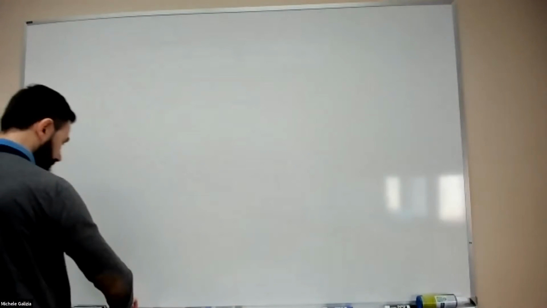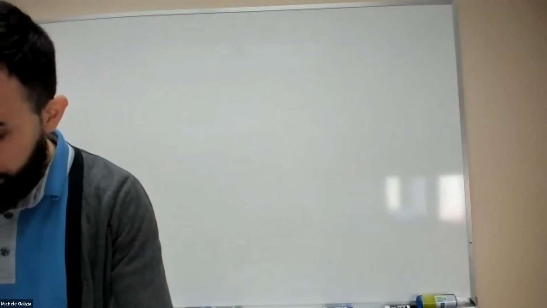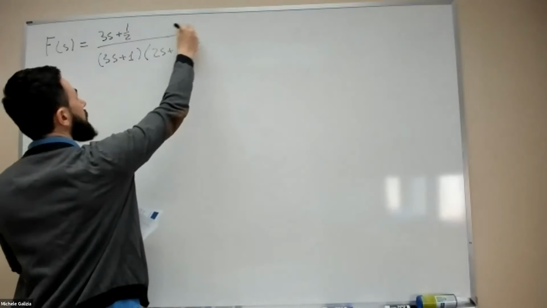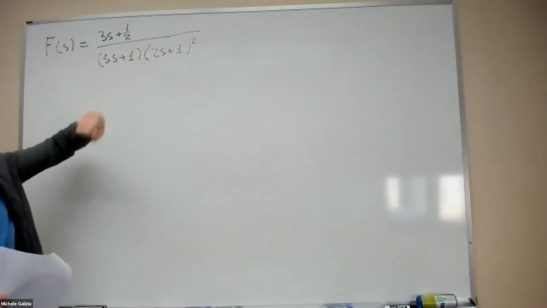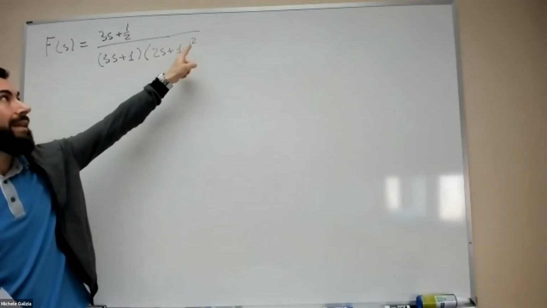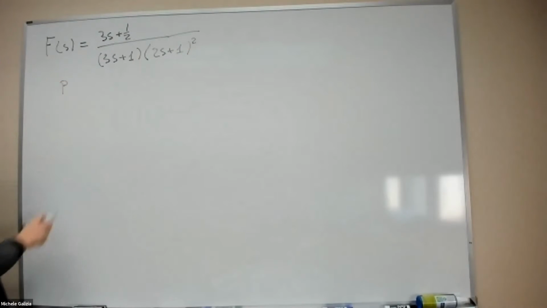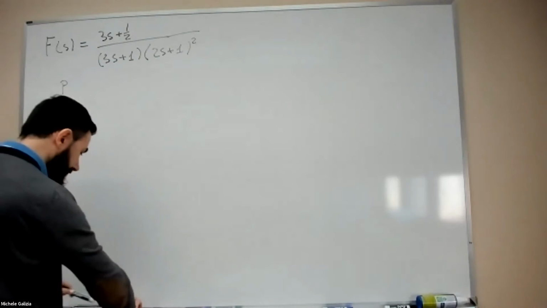I think now you should be able to see the whiteboard. Is that right? Yes, sir. Perfect. And let's consider this scenario. So now the polynomial F that we want to anti-transform is (3s plus 1/2) divided by (3s plus 1) times (2s plus 1) squared. Okay, step number 1. Step number 1 is always the same.